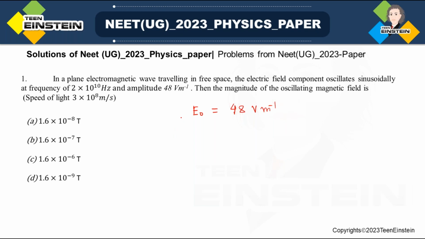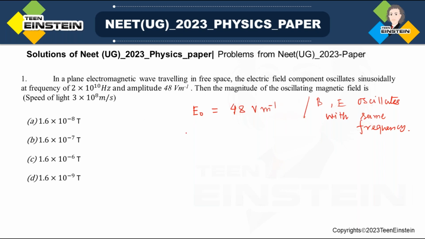Okay, and as you know, in an electromagnetic wave, both E and B, these are amplitudes, both E and B will oscillate with the same frequency, but in the perpendicular direction.